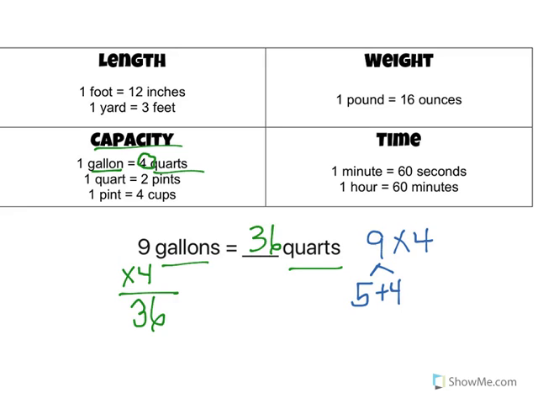If I were to multiply 5 times that 4, and then this 4 times that 4, this is going to give me an easier way to break the problem apart. So what I could do is say that 5 times 4 is 20, and 4 times 4 is 16, and I know that 0 plus 6 makes 6, 2 plus 1 makes 3, to give me 36 quarts.